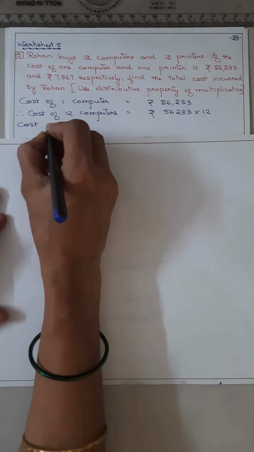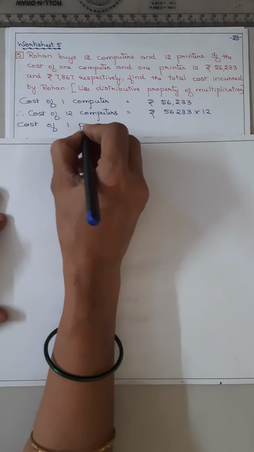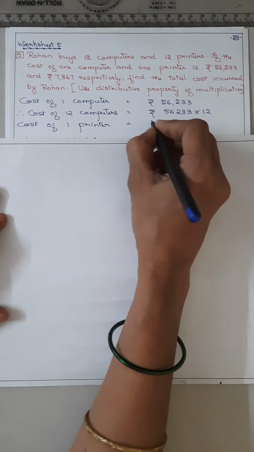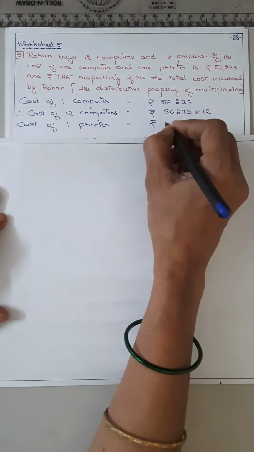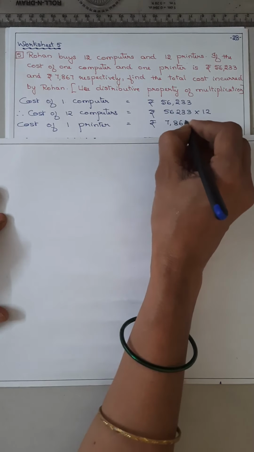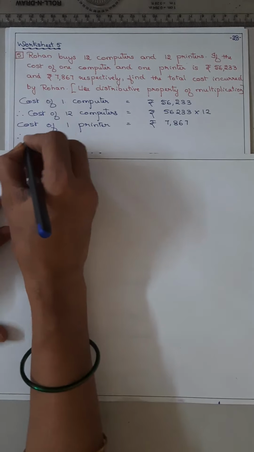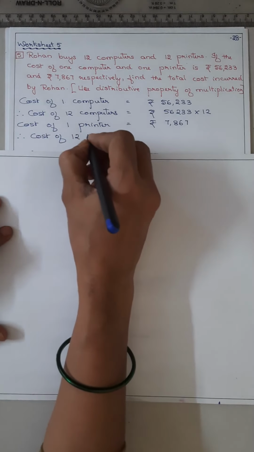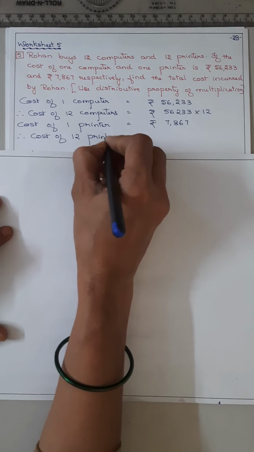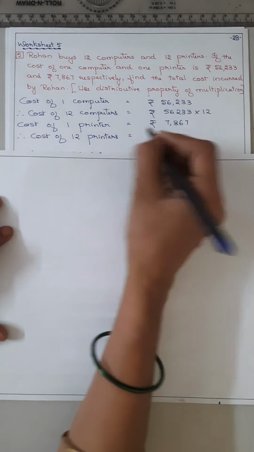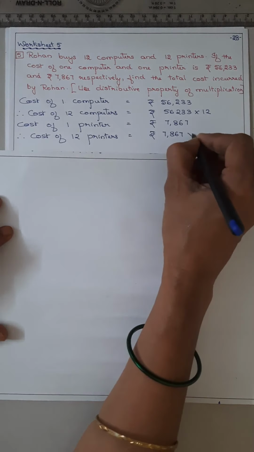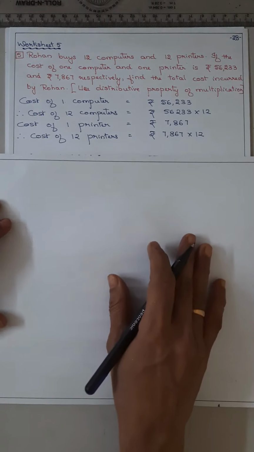Now, cost of one printer is equal to rupees 7,867. Therefore, cost of 12 printers is equal to rupees 7,867 into 12.